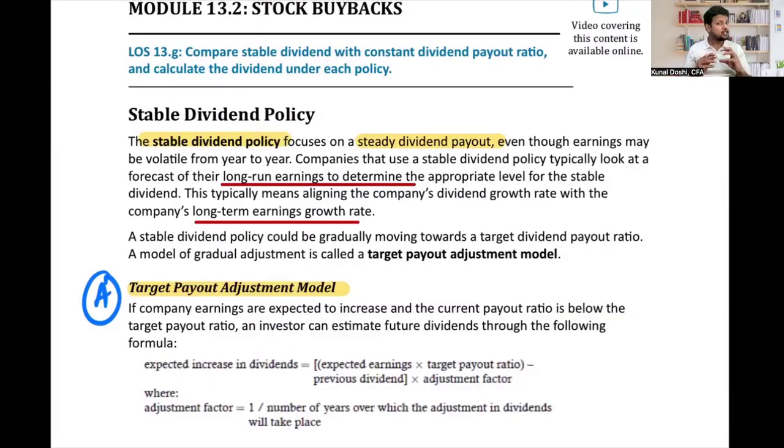So the payout ratio might deviate in the short run, but it will gradually move towards the long-term rate, not immediately, gradually. So what will the companies do? If the company thinks that currently my payout ratio is far away from the long term, then it will adjust and pay slightly more dividends.